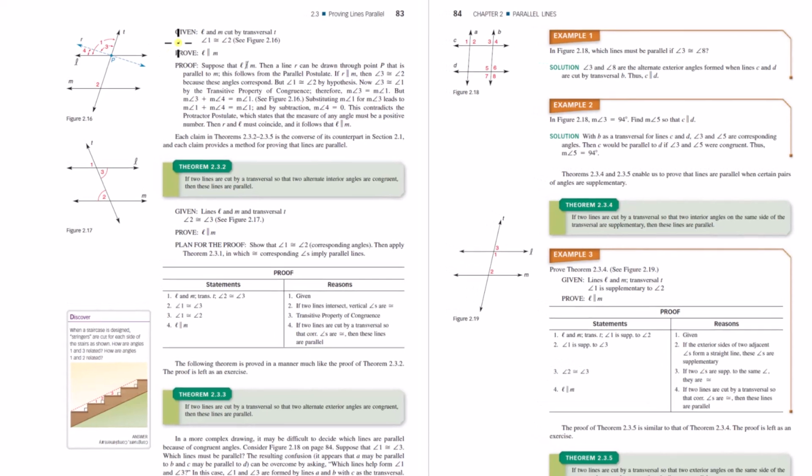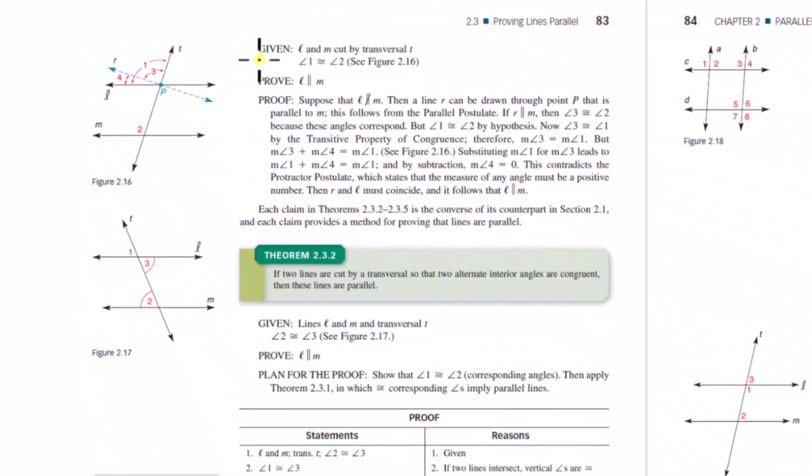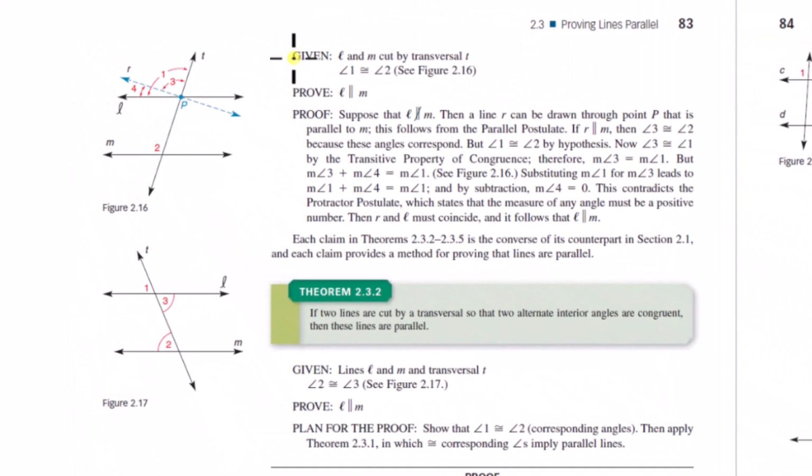So let's prove the theorem. If you take these two lines that you think might be parallel, or maybe you think they're not parallel, you want to prove that they're not parallel. But actually, let's not think about the reverse at the moment. Well, we can actually think about that at the moment.